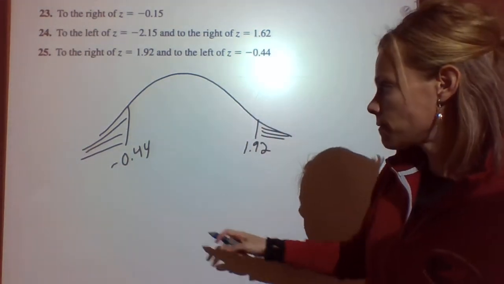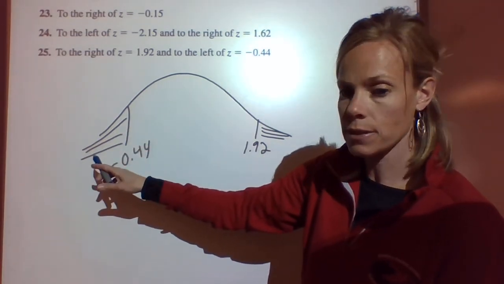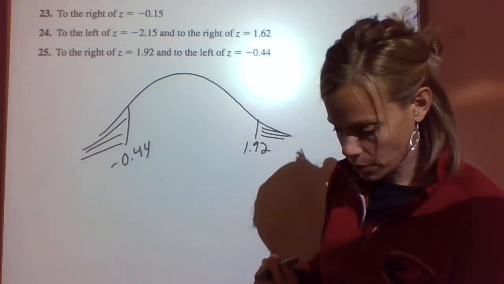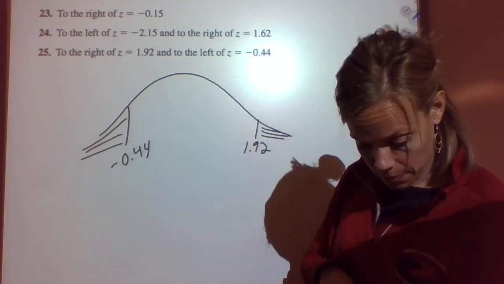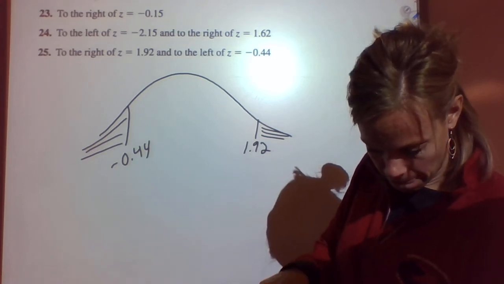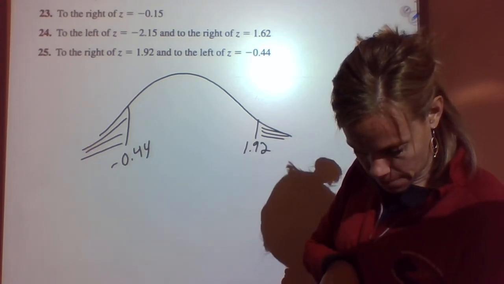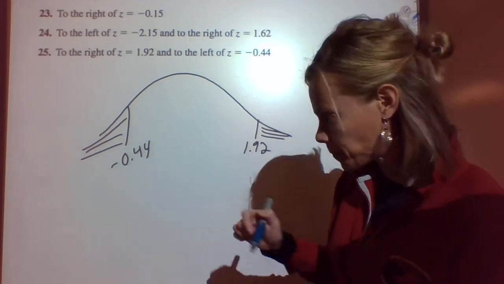So to find this area first, I can see that this is area to the left. So I look up negative 0.44, right? When you're doing area to the left, you just look it up. Negative 0.44 is 0.33.